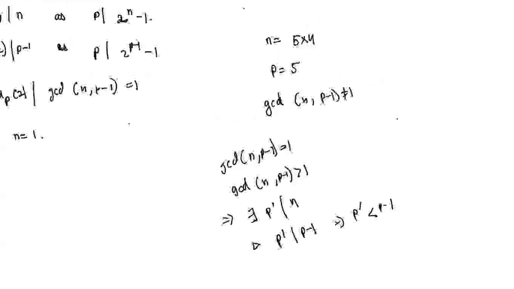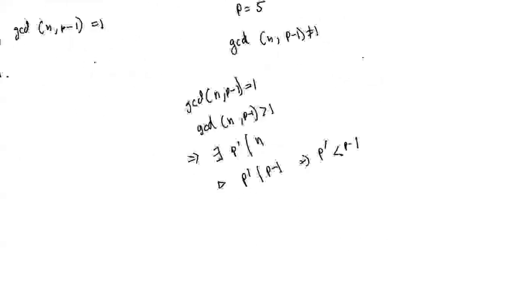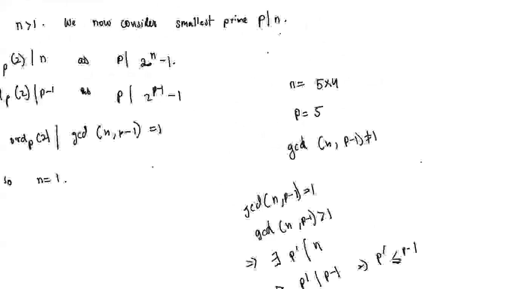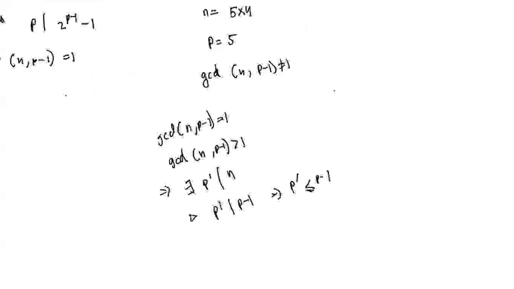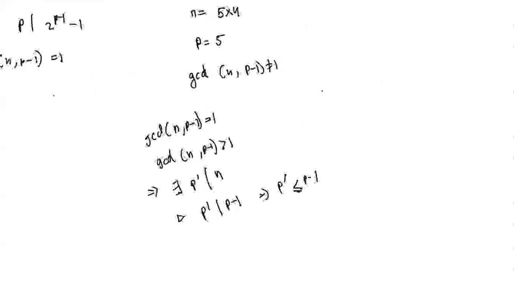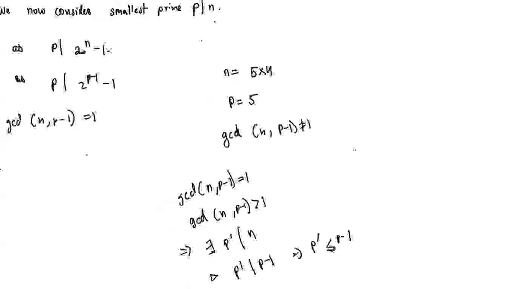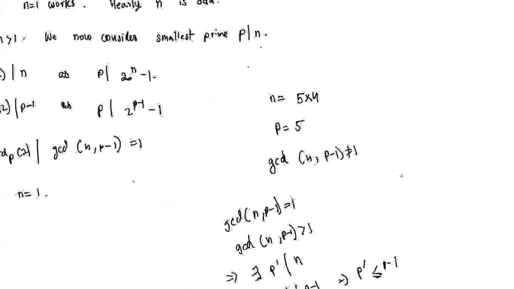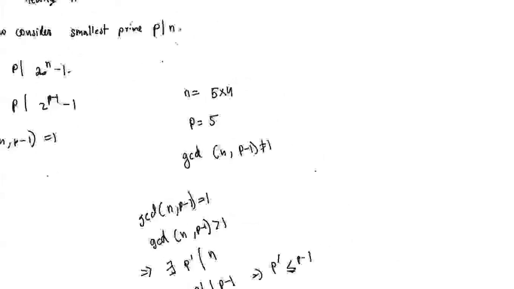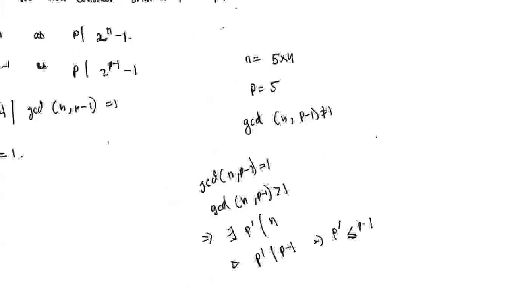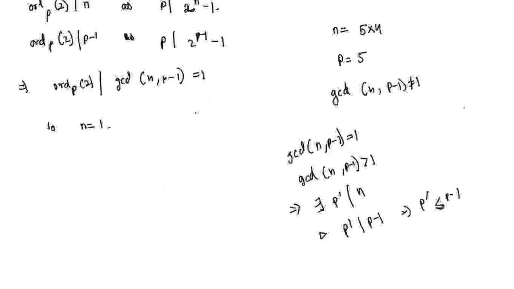But I assumed that p is the smallest prime, so there cannot be such a possibility. The other question was what's the need of the prime being the smallest. I need it to guarantee the condition that the GCD is 1.